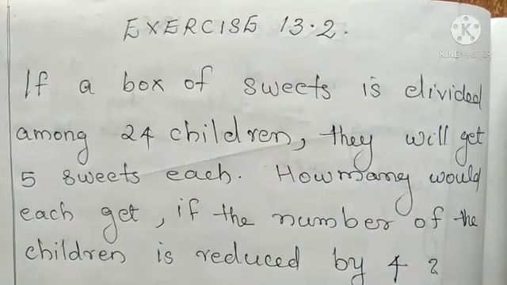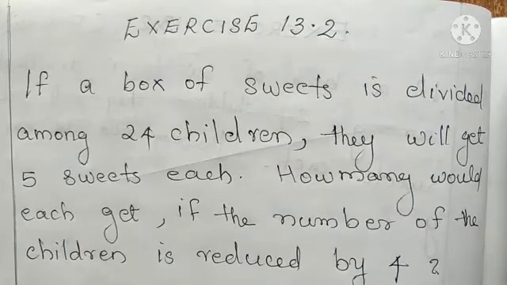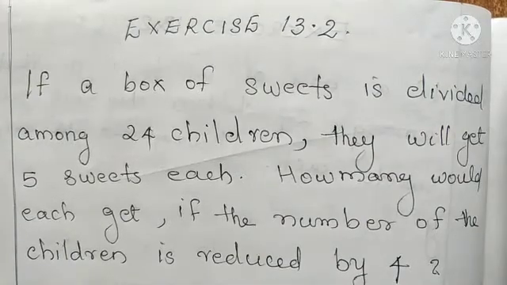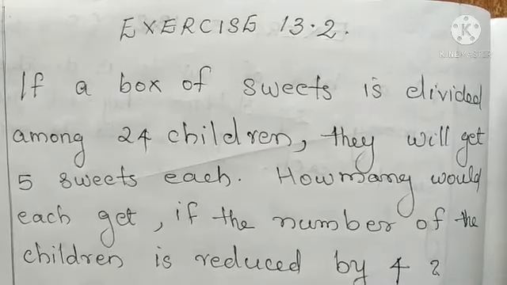Okay. So here 24 children corresponds to 5 sweets. So x1 and y1 we can take as 24 and 5. Next case, 20 children, we can take the variable as x.